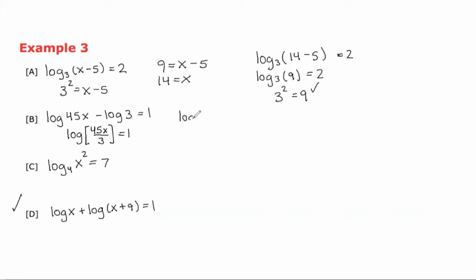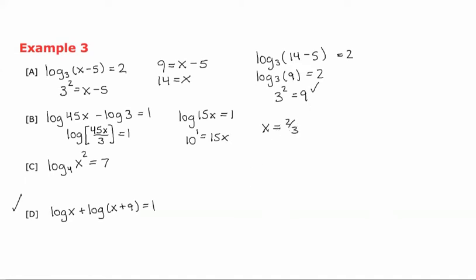So this becomes the common logarithm of 15x equals 1. Now let's convert this into exponential form. This is base 10, so 10 to the 1 equals 15x. And now I divide both sides by 15. That's 10 over 15, which is 2/3. And so my answer is 2/3.